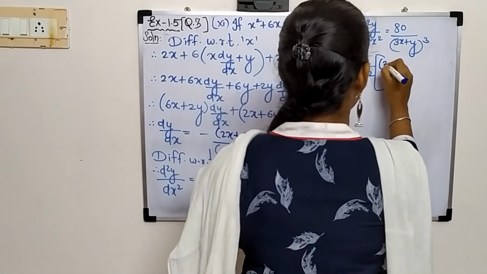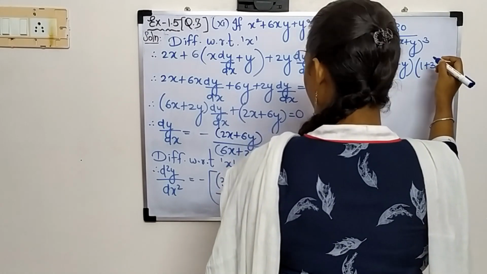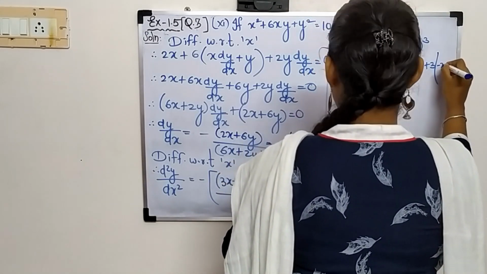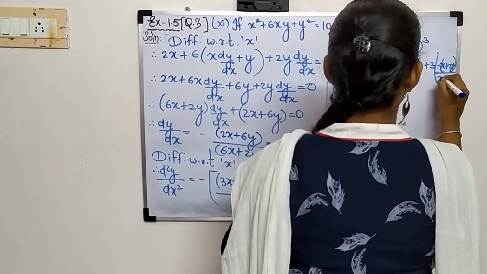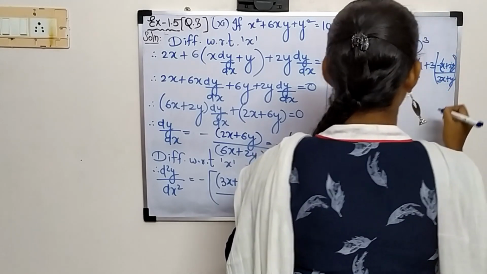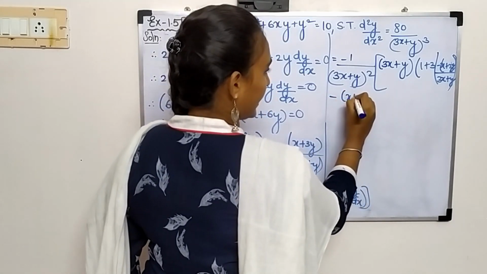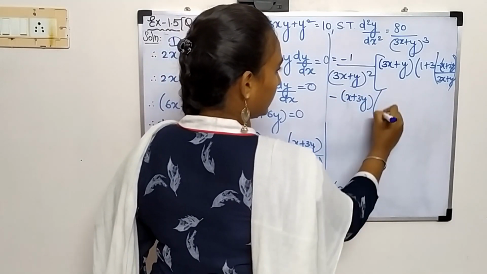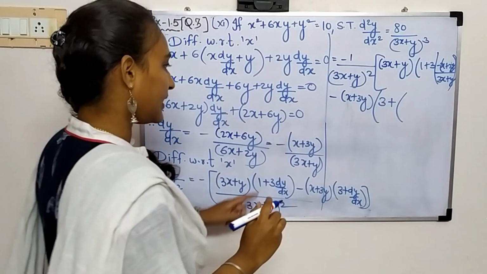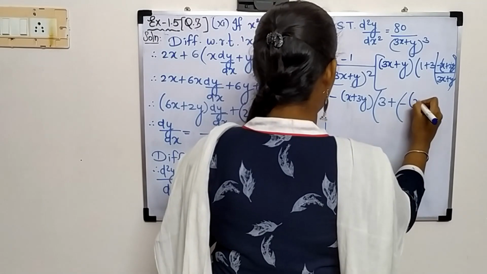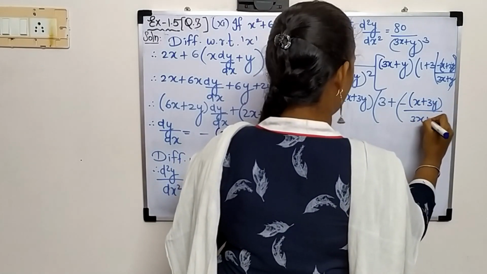So this is (3x plus y)(1 plus 3 times minus (x plus 3y) upon (3x plus y)) minus (x plus 3y)(3 plus, again substitute for dy by dx, that is minus (x plus 3y) upon (3x plus y)).